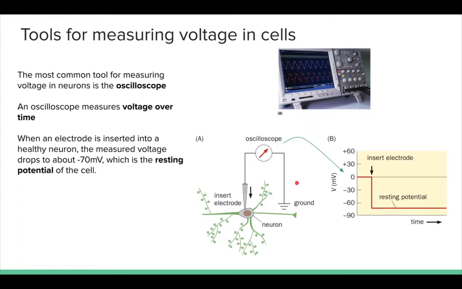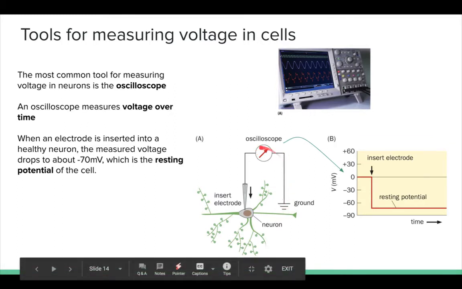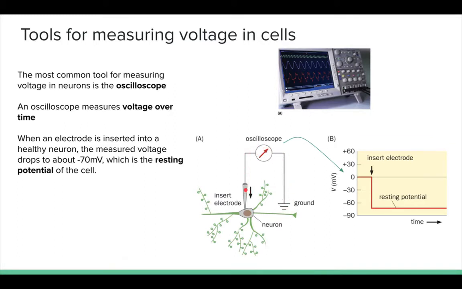So let's imagine in our minds a little experiment we do where we take our oscilloscope here and we have one end that's hooked up to the extracellular space and we have another end that's hooked up to this electrode. And at the beginning, let's imagine that that electrode is outside of the cell. So if it's outside of the cell, that means that this electrode and this wire here are all continuous with the extracellular space.